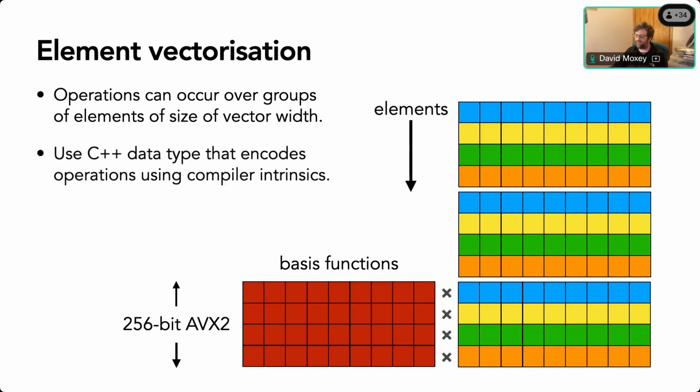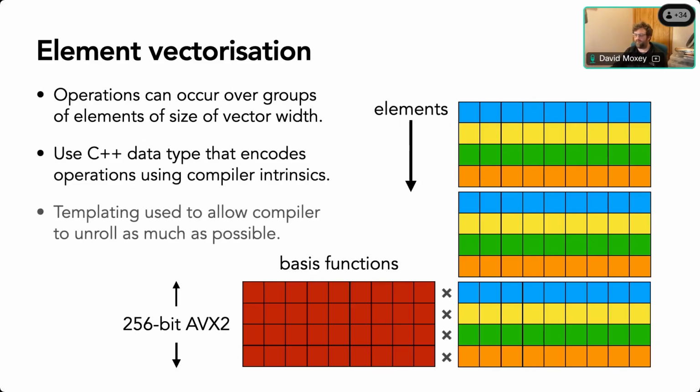The way we do that is to heavily use a C++ data type that encodes operations, and we don't trust the compiler to auto-vectorize this, so we explicitly use compiler intrinsics to target the different AVX2, AVX512, and even SVE2, for example, on ARM type architectures as well.